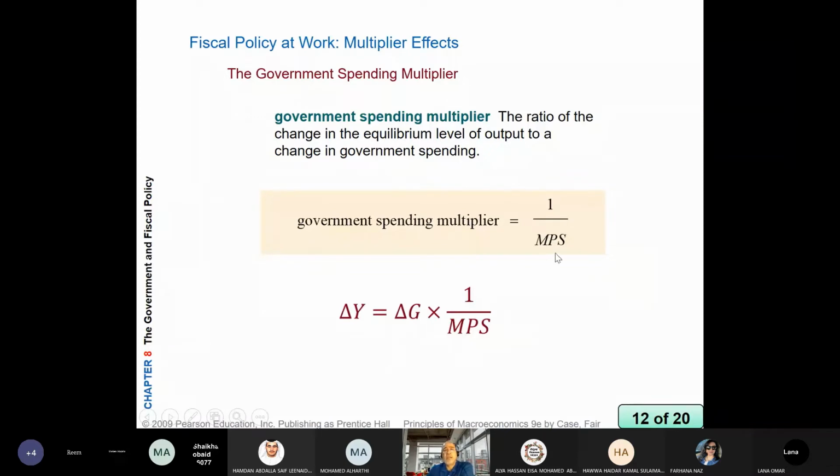So this is the government spending multiplier, 1 divided by MPS. If I ask you to find the change in equilibrium level of aggregate output, it equals the change in government spending times the government spending multiplier, 1 divided by MPS.